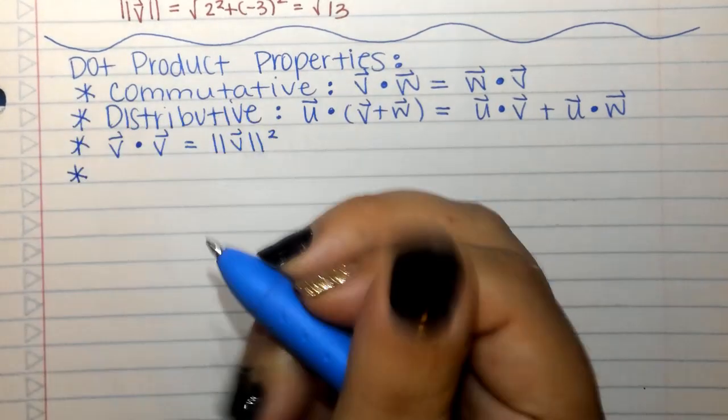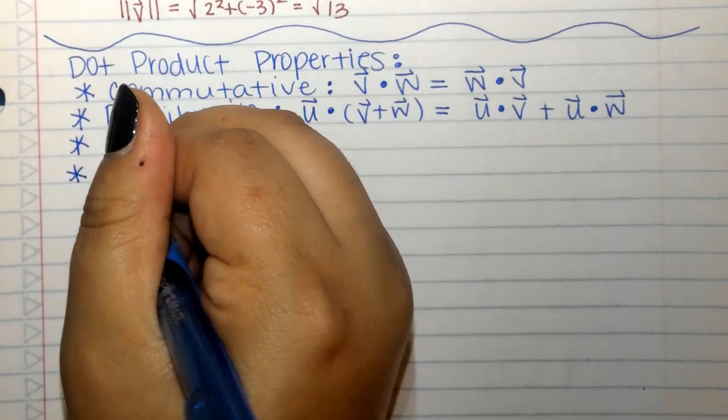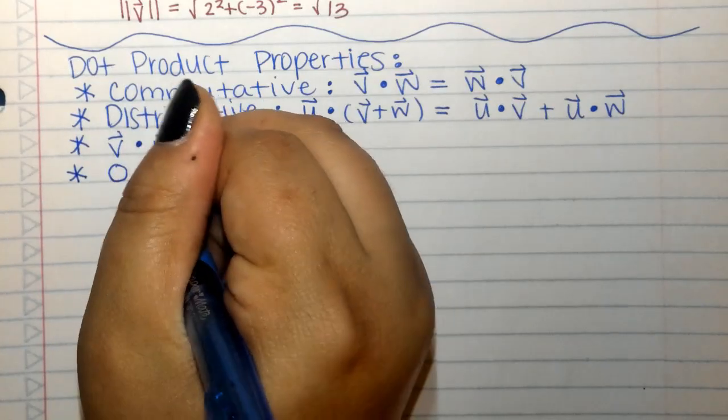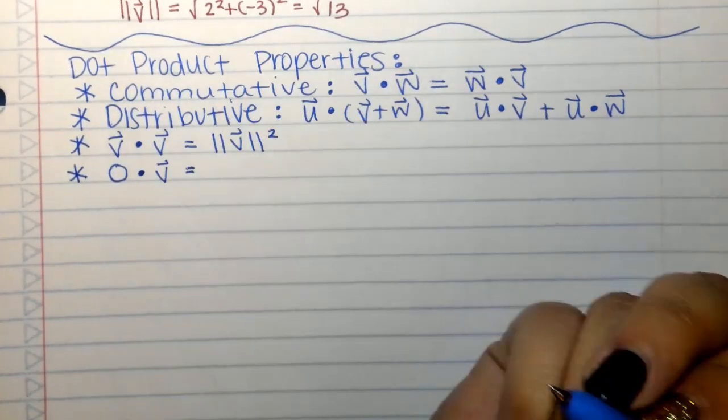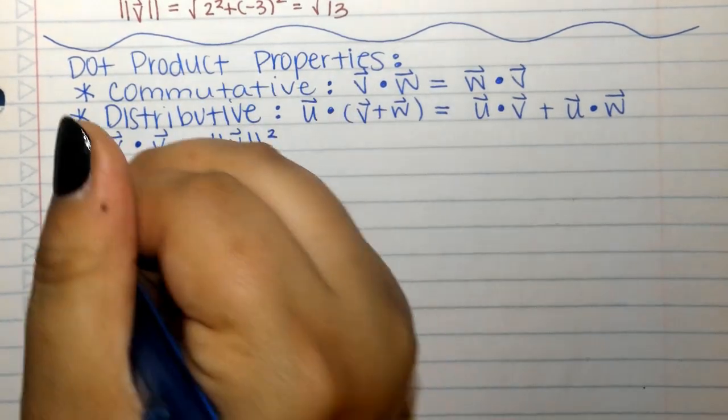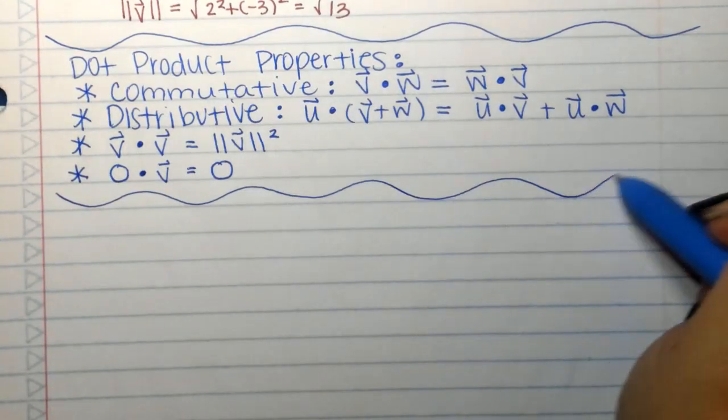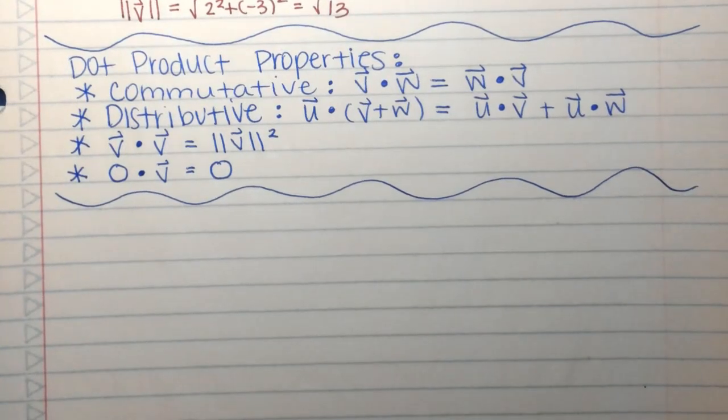Last but not least, this one we don't use a lot, but I hope it's common sense. What is 0 dot vector v? 0. So just something I want you to know. Do I have any questions?